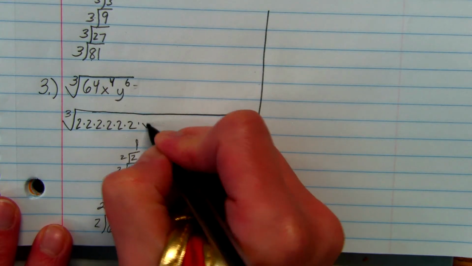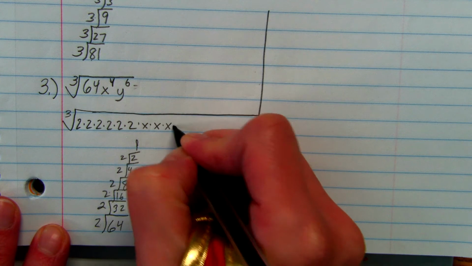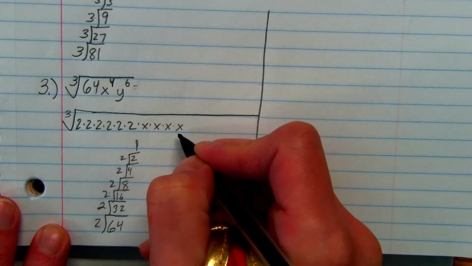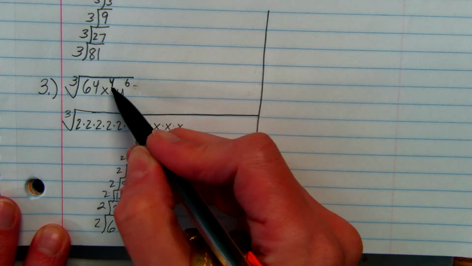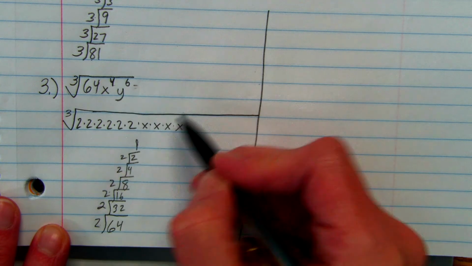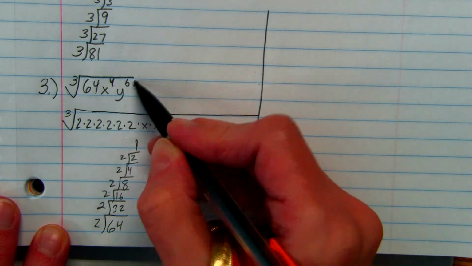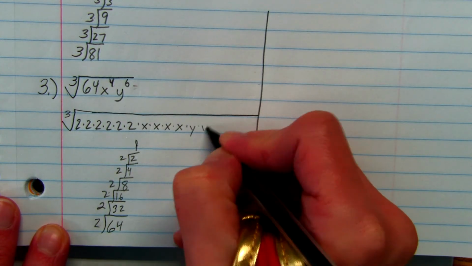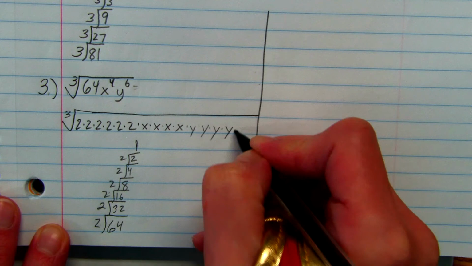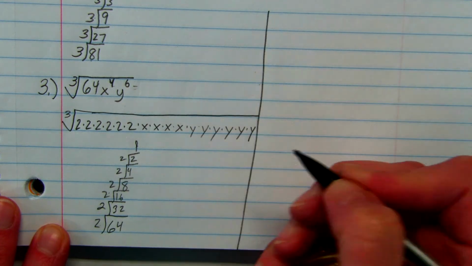So I'm going to say x times x times x times x. How do I know how many x's to make? Because of the power. It's the 4th power, so I'm going to have 4 x's. And then y to the 6th is going to be y, y, y, y, y, y.